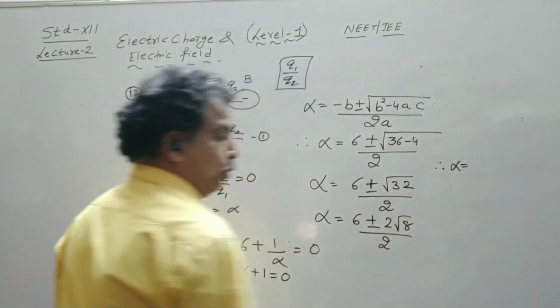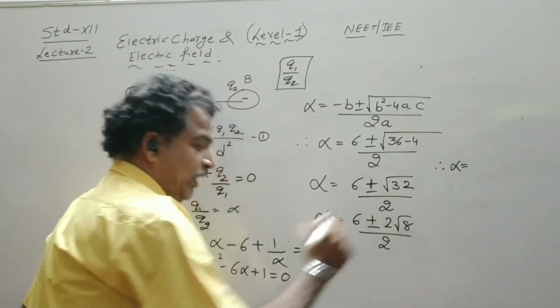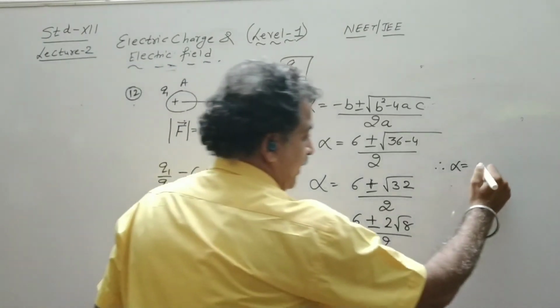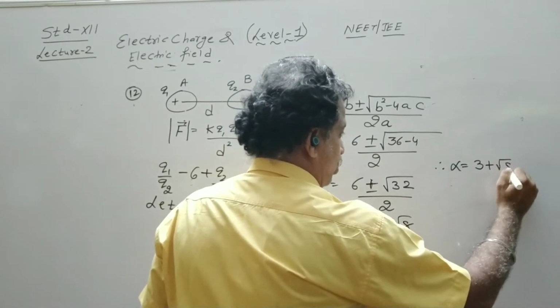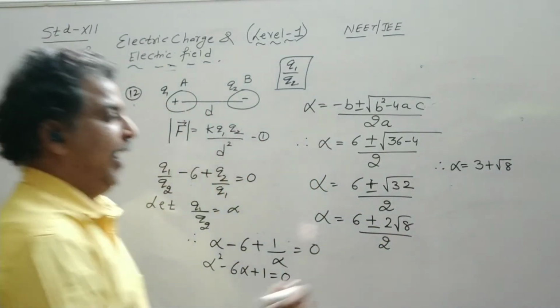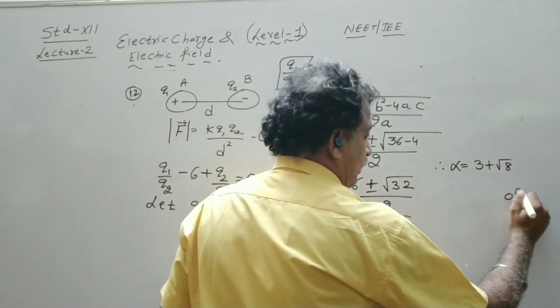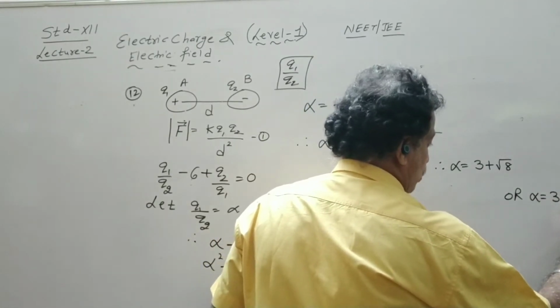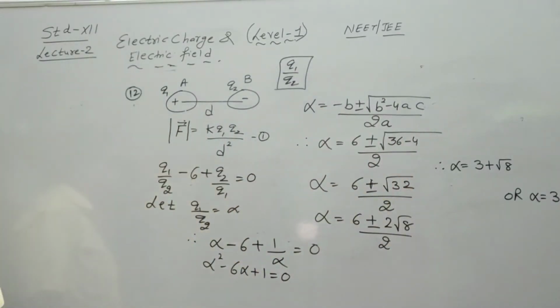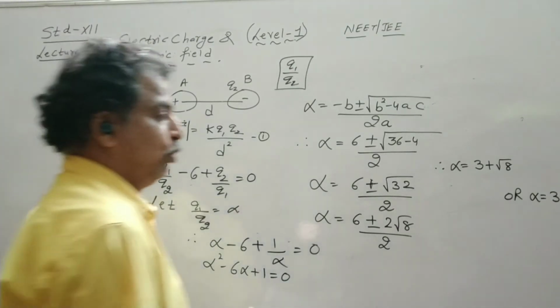alpha is equal to, now see that you have two possibilities. The first possibility is 3 plus root 8, or alpha is equal to 3 minus root 8. So your answer should be either 3 plus root 8 or 3 minus root 8.